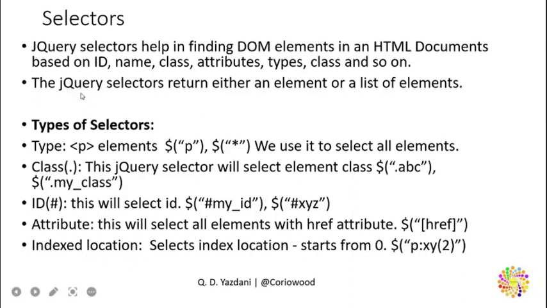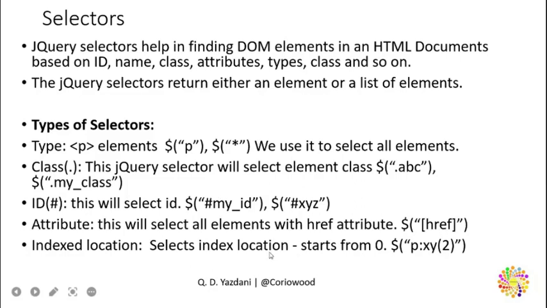So these are all the selectors of jQuery. Keep in mind, selector means we are selecting, we are targeting that p, we are selecting the class, we are selecting the ID, and here we have an attribute. This will select elements with the href, whatever the href, because if you're going with the tag or HTML elements, our class, our ID, so what happens with the href? jQuery also has an attribute selector that you can target.